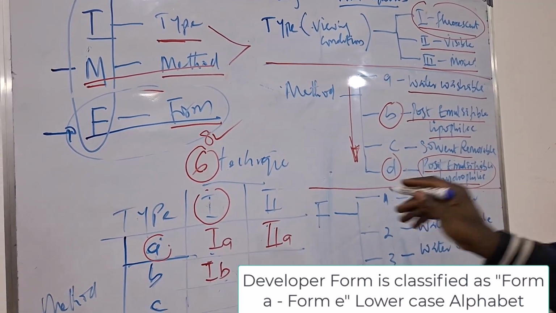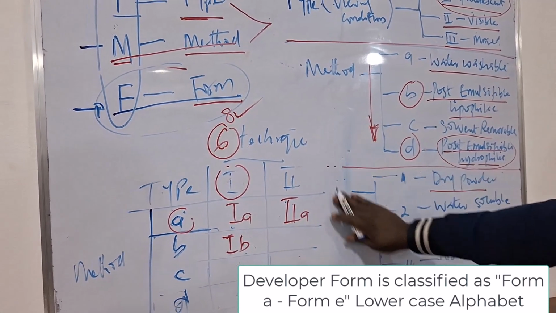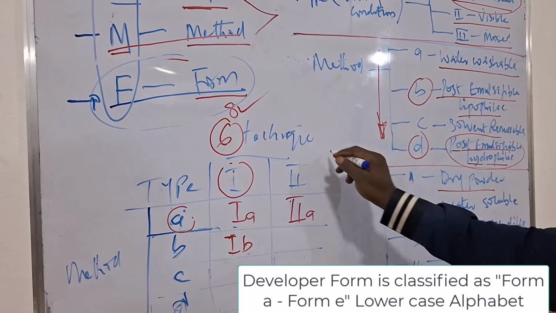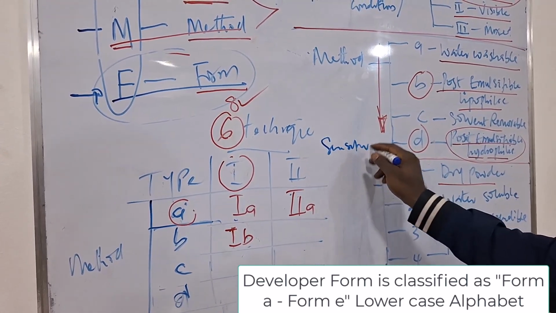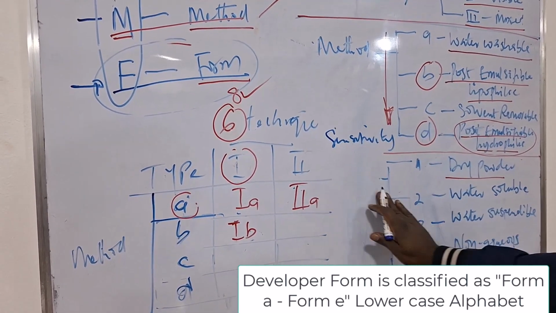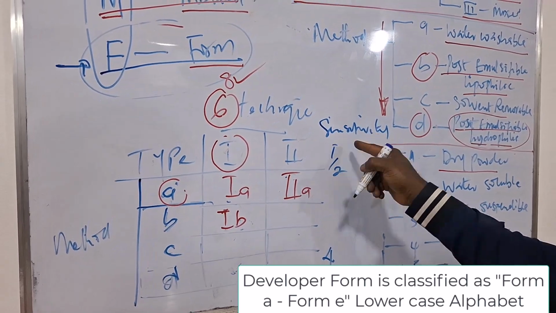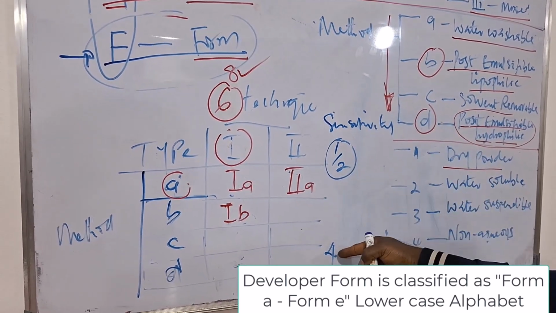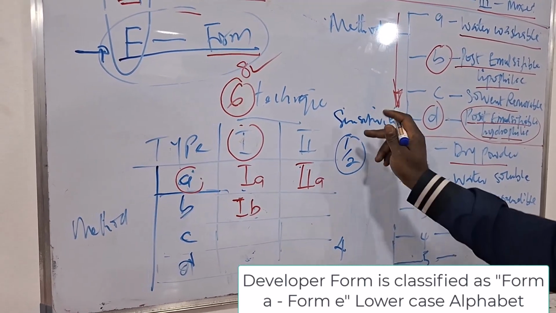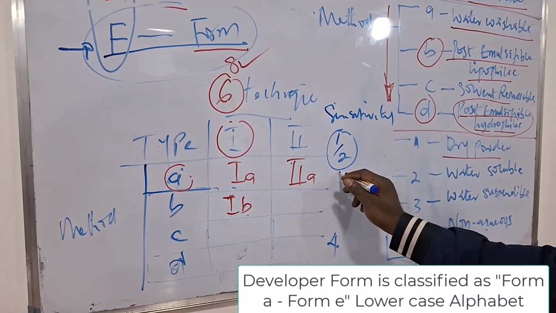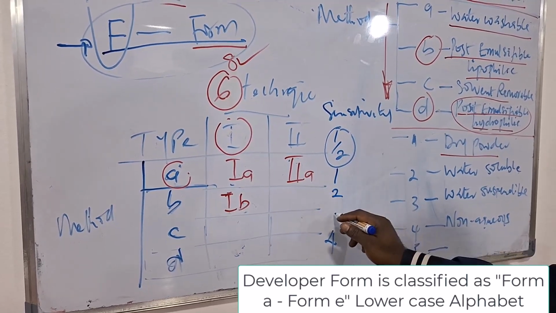To conclude, we'll look at what we call the sensitivity of a penetrant method. The sensitivity normally goes from half to 4. So in between half and 4, you have 1, 2, and 3.